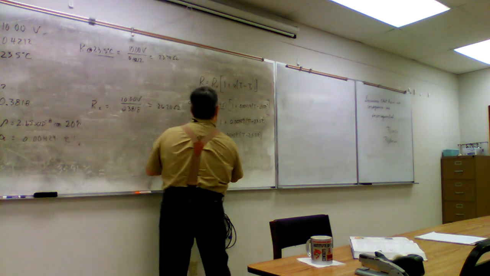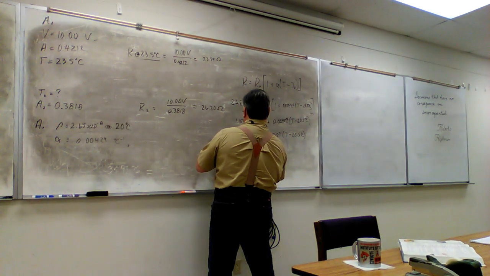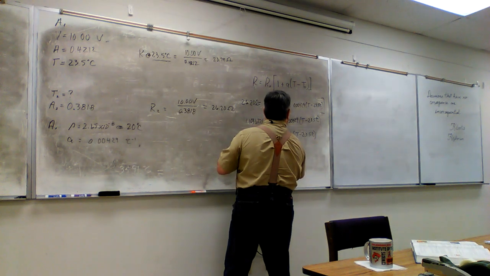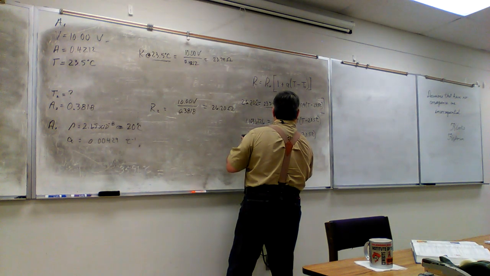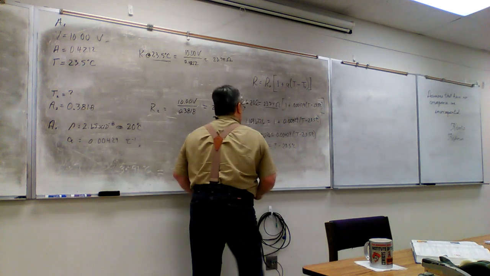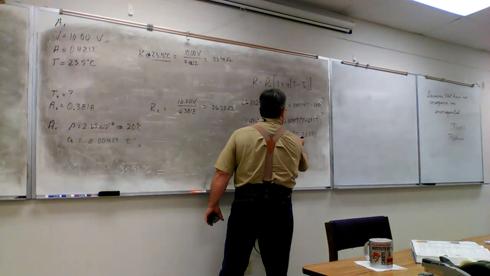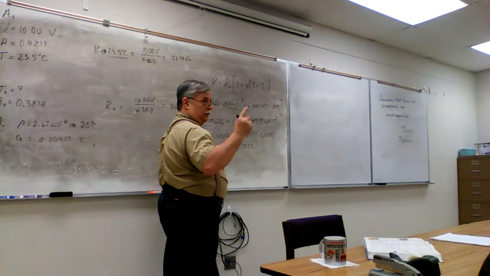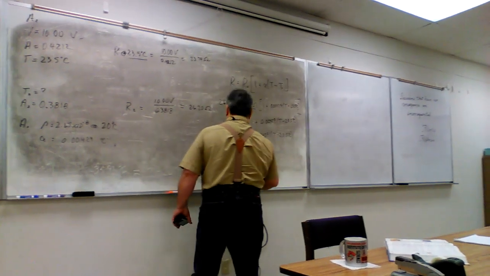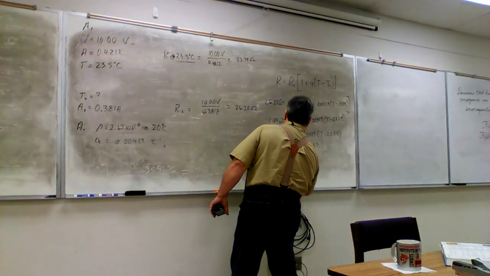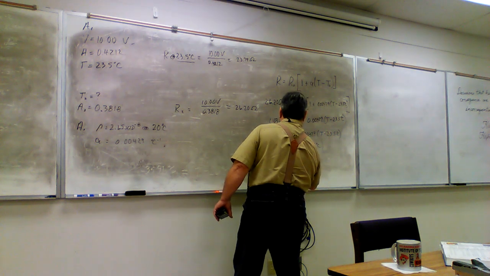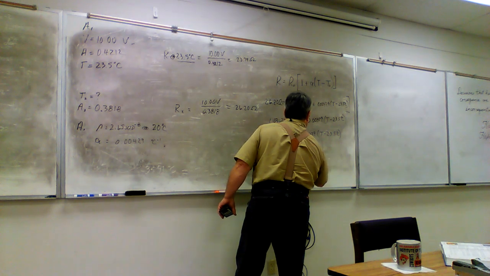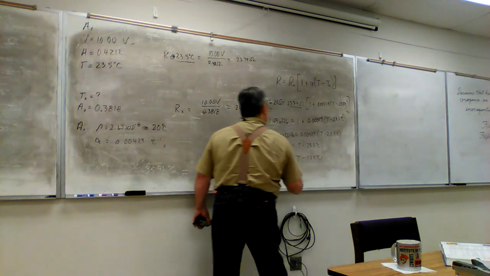We're left with 24.15 equal to T minus 23.5 degrees C. For the record, the units of 0.00429 are 1 over degrees C, so when we divide by 1 over degrees C, we end up with 24.15 degrees C equal to T minus 23.5 degrees C.